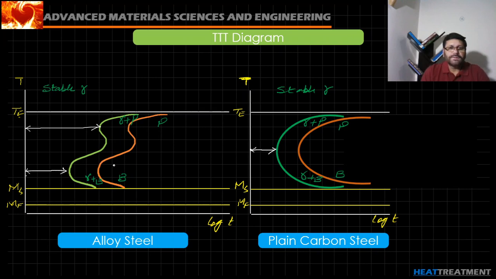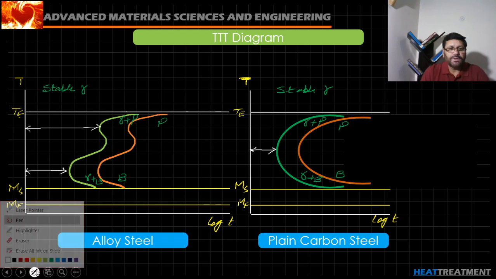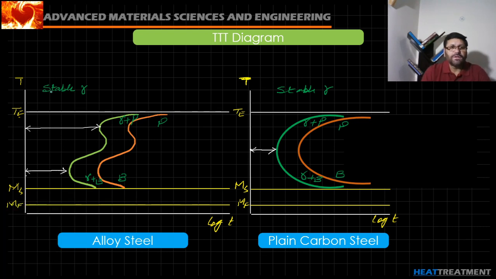In that case this was not exposed, and we can say if we go for slow cooling we can produce bainite if we are considering the alloy steel TTT diagram, and this was not possible once we were looking at the plain carbon steel.